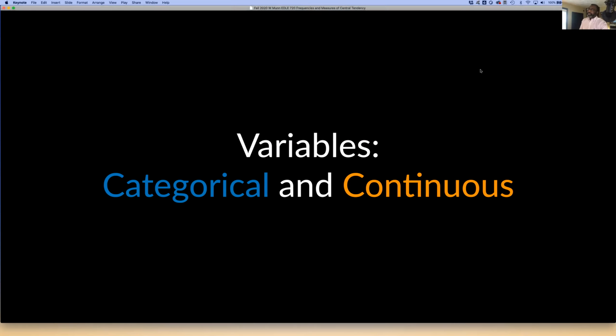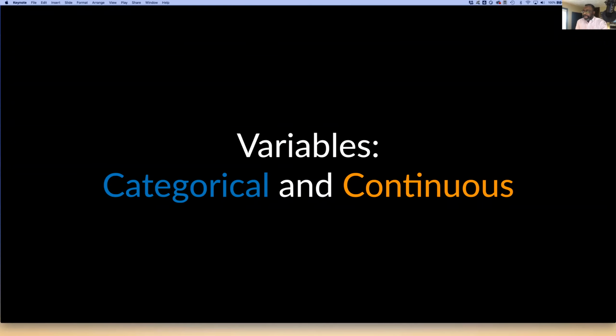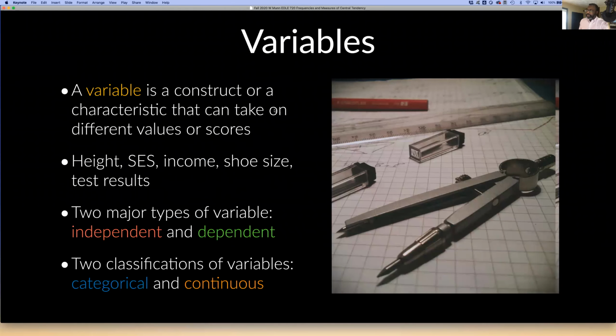There are types of variables, categorical and continuous. That oftentimes determines whether or not you're going to use a t-test versus an ANOVA model. The type of variable is really important, and it's why I'm going over it before we get into the modeling.